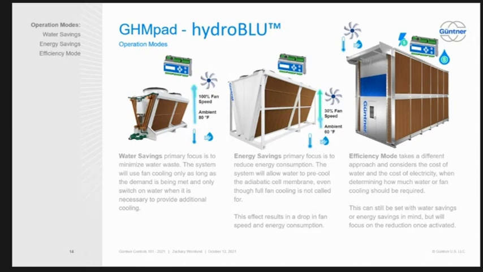And then the third mode is efficiency mode. This is really nice. Not a lot of people use this because you need to have a little bit of information. But if you know the cost of water and the cost of energy, and you can put that inside the GHM, our controller will determine which is better to use and operate in that method.